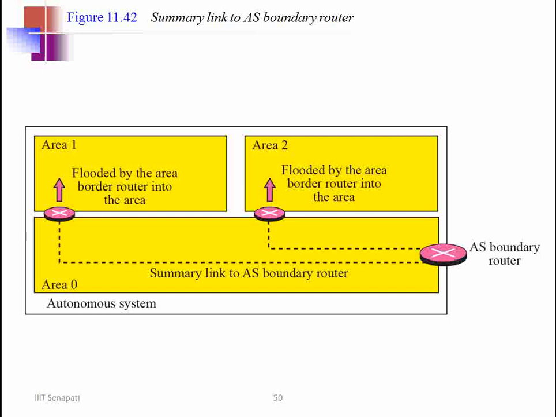What will you do now? Suppose you have an area border router, right? That area border router floods its areas with this information, right? Here that packet is used to announce the route to an autonomous system boundary router.